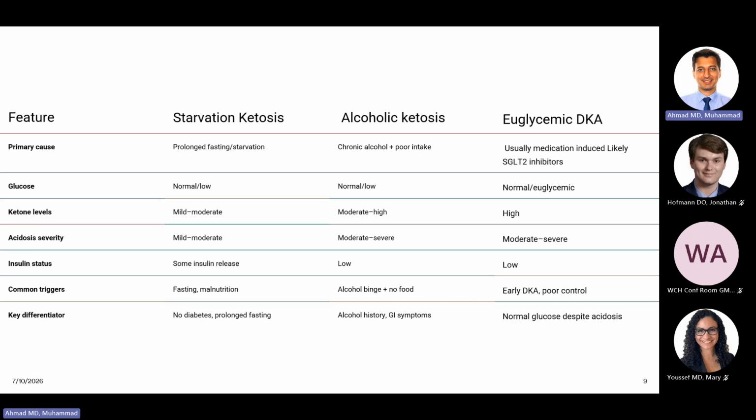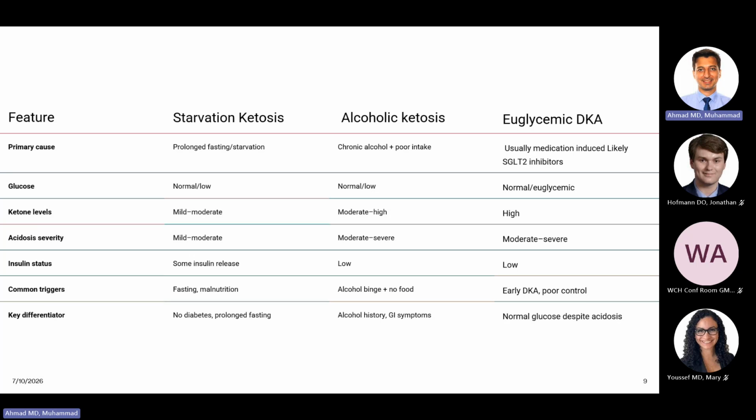And for ketone levels, for euglycemic DKA, for most of the times, you will detect higher levels of ketones. And acidosis severity is more in euglycemic DKA. Insulin status for euglycemic DKA, they are very much low insulin.